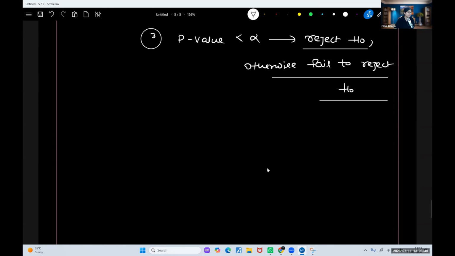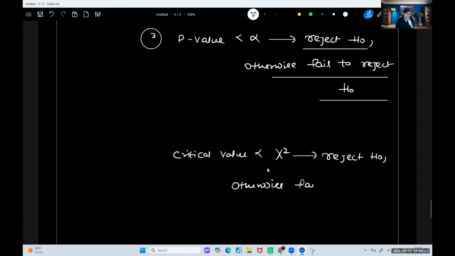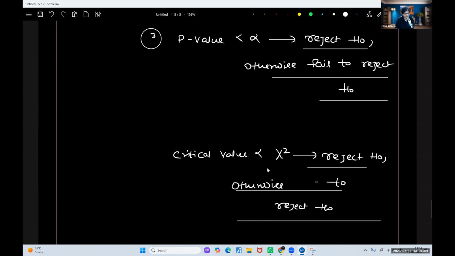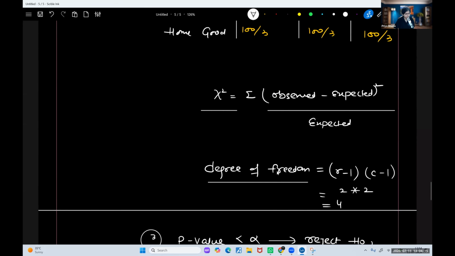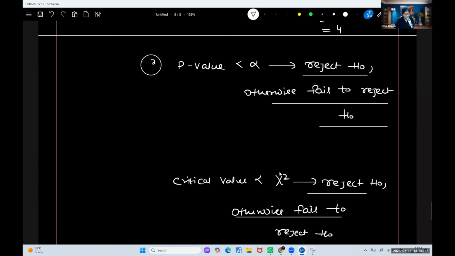And finally, if it is a critical value, you need to compare it with the chi-square value. And if chi-square value is quite bigger, then again, same thing, you will simply go ahead and reject the null hypothesis. Otherwise, you will simply fail to reject the null hypothesis. And that's the whole aspect of it. All good? Is it all right?